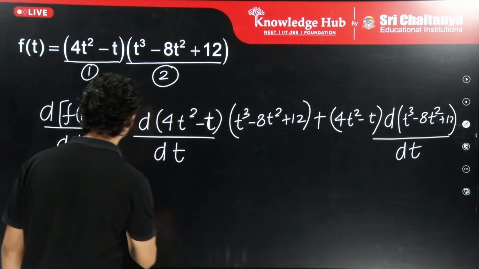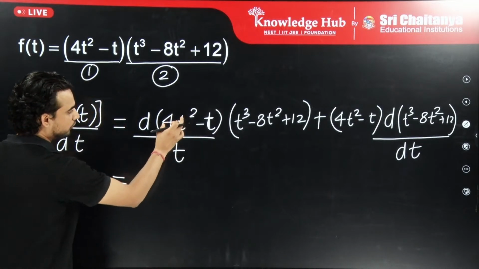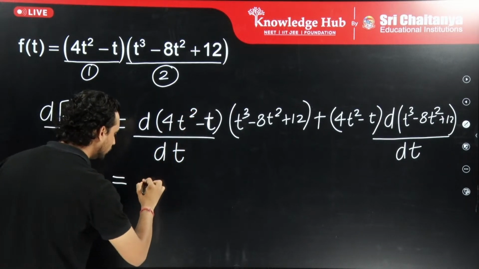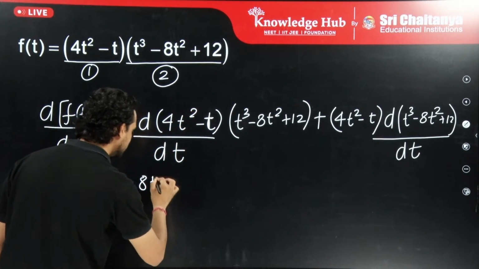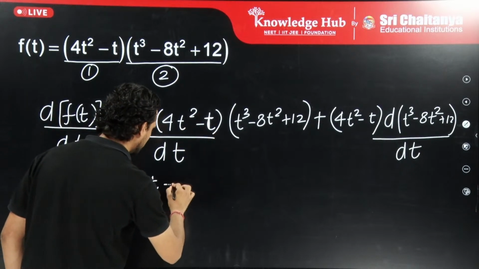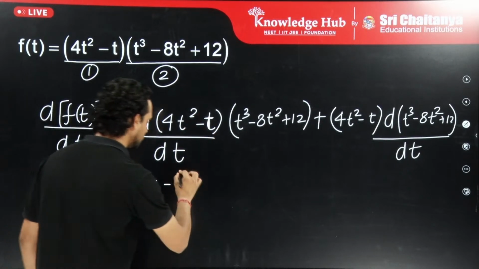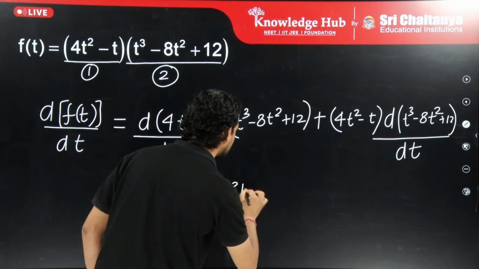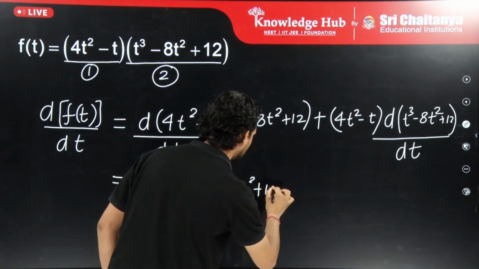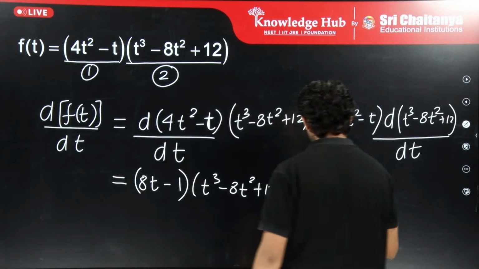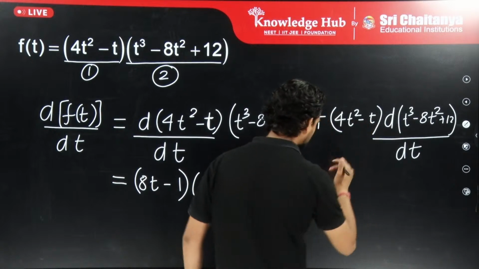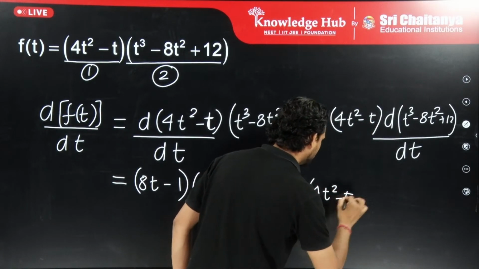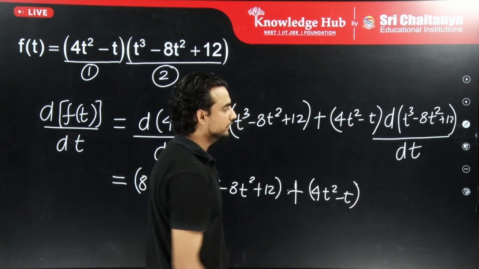So what do I get? Differentiation of 4t square: the 2 will come forward, so 4 twos are 8, into t, and differentiation of t is 1. I'll write my second function as it is. Plus, now I'll write my first function as it is and I'll differentiate my second function.